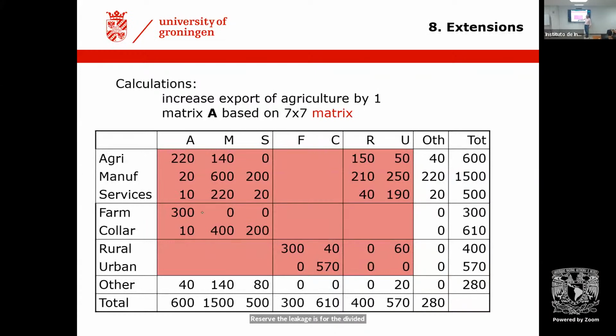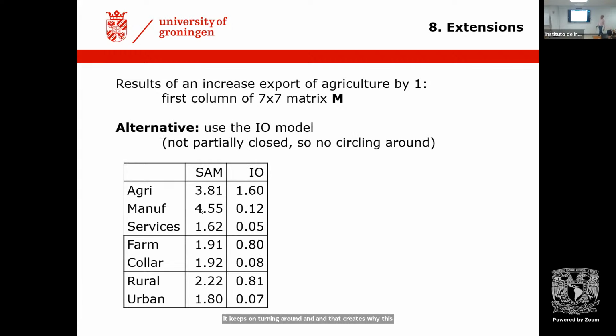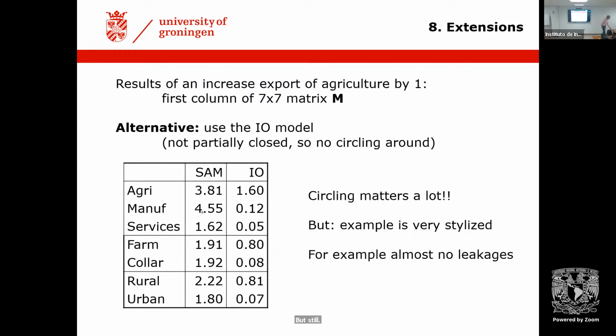This is hardly anything, hardly any leakage. So because it does not leak out, it keeps on turning around and around, and that is why the numbers are so different. In real life cases, the numbers are much closer to each other, but still, it indicates you missed some.